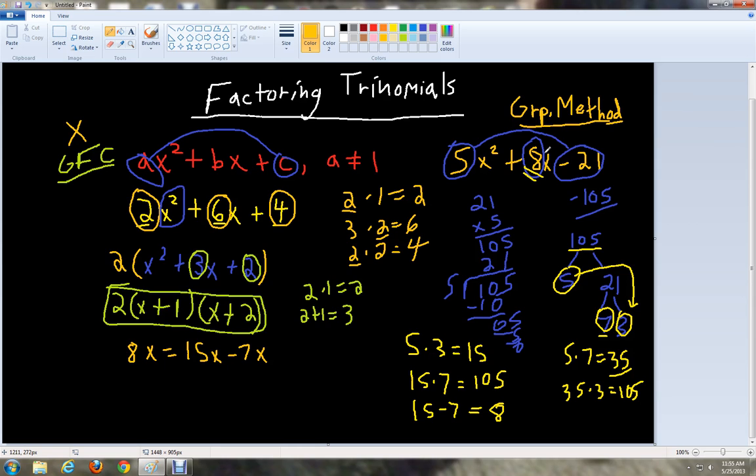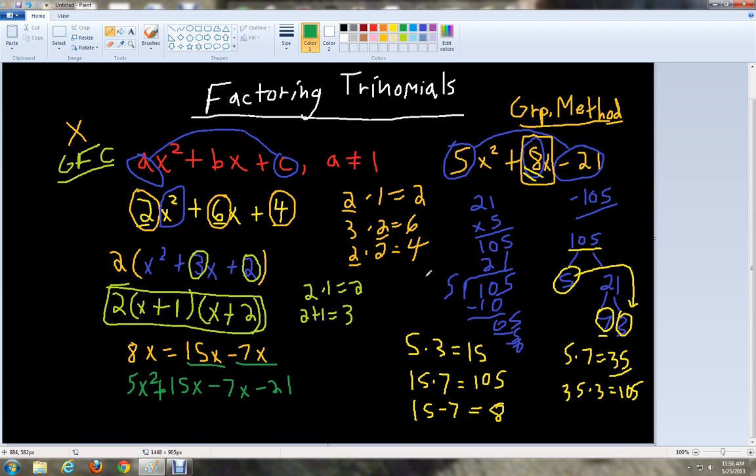So what I'm going to do is rewrite the middle term, that 8x term. I'm going to rewrite that as 15x minus 7x. So it'll be 5x squared plus 15x minus 7x minus 21.